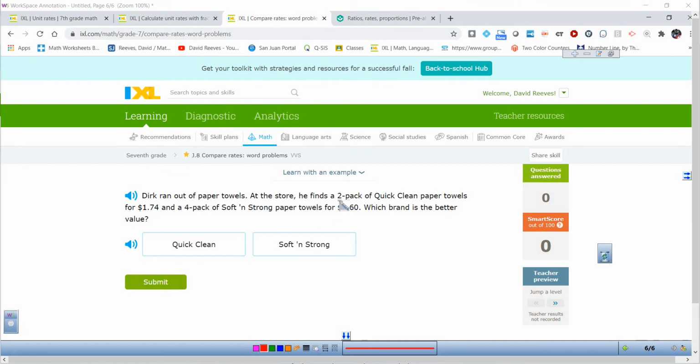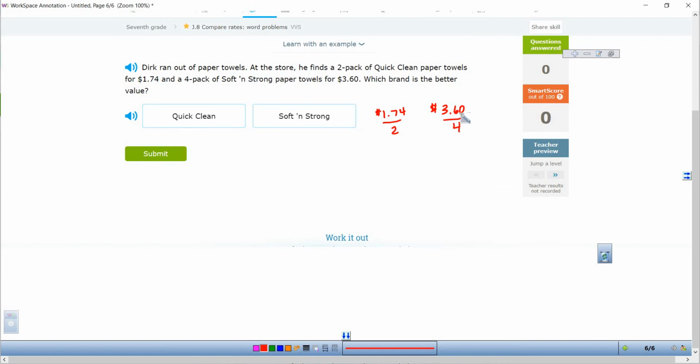All right, I did. So 2-pack for $1.74, 4-pack for $3.60. Okay, now we want to know cost per item, right? So if we take 174 and divide it by 2, or we take 360 and divide it by 4, which is the better value? Well, this one goes in evenly, doesn't it?